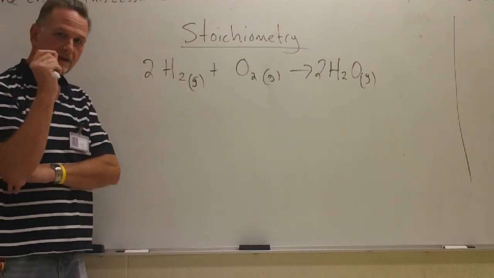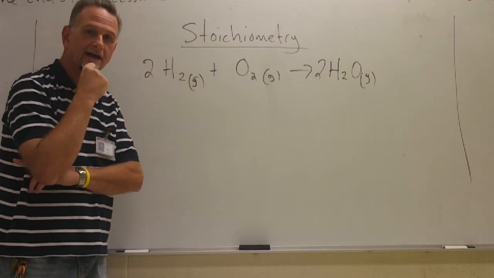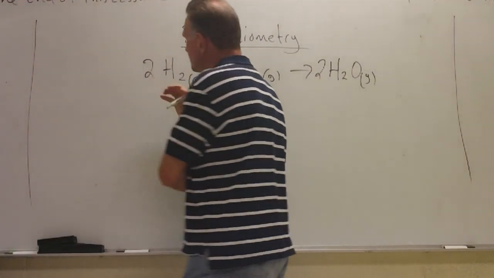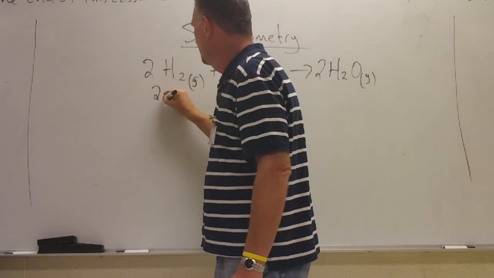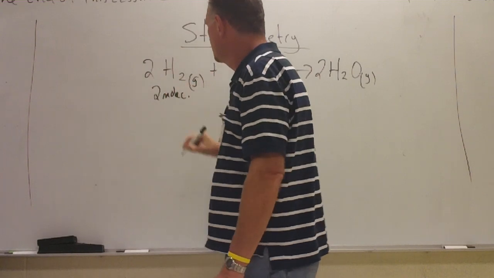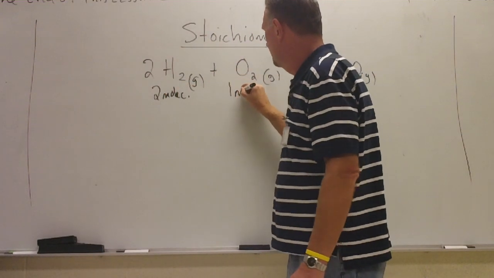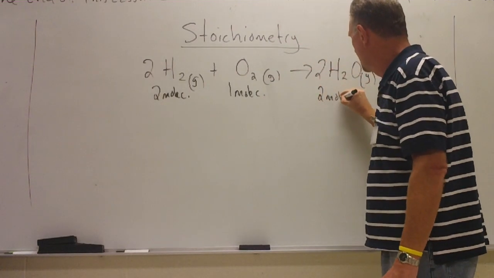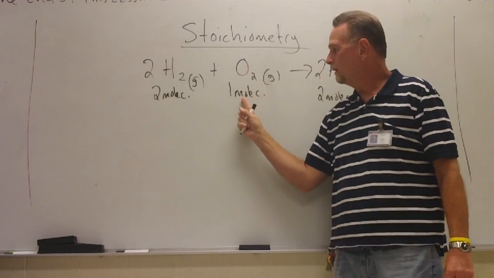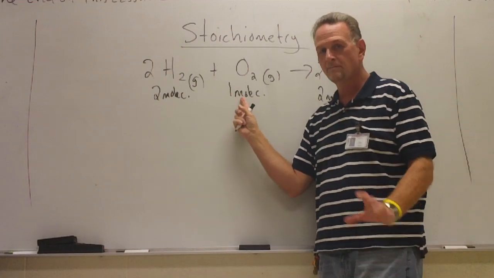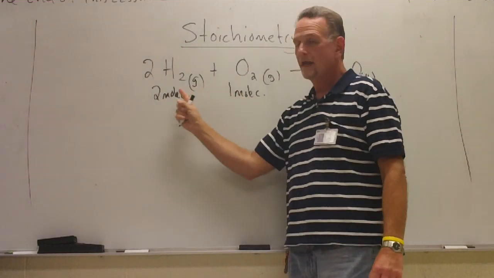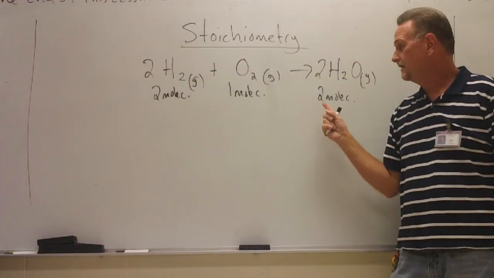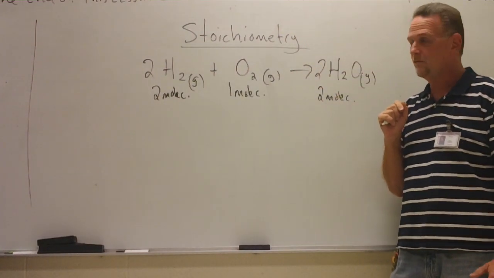First we have to review what a chemical equation is telling us. We know that the coefficients out in front are telling us that this is 2 molecules, this is 1 molecule, and this is also 2 molecules. Which means when one molecule of oxygen reacts, it requires 2 molecules of hydrogen to react with it, and we'll get 2 molecules of water.